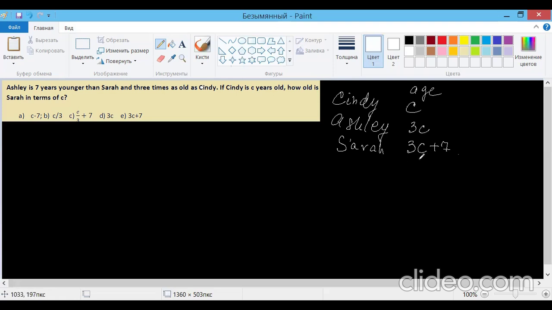Okay, for that reason, we just derived the algebraic expression which shows Sarah's age: 3 times C plus 7. So the right answer is E. I hope that it was easy for you.